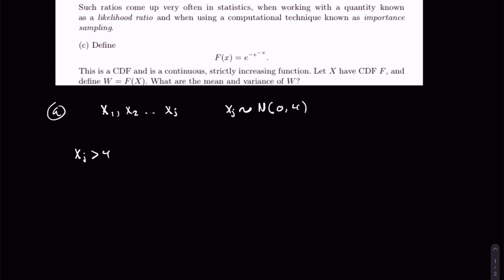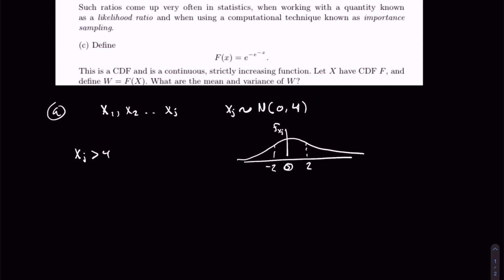So if you draw the PDF of this random variable, xj looks something like this, and the standard deviation is the square root of 4, which is 2, and that's minus 2. And what we are asked to find here is an event where xj is larger than 4.